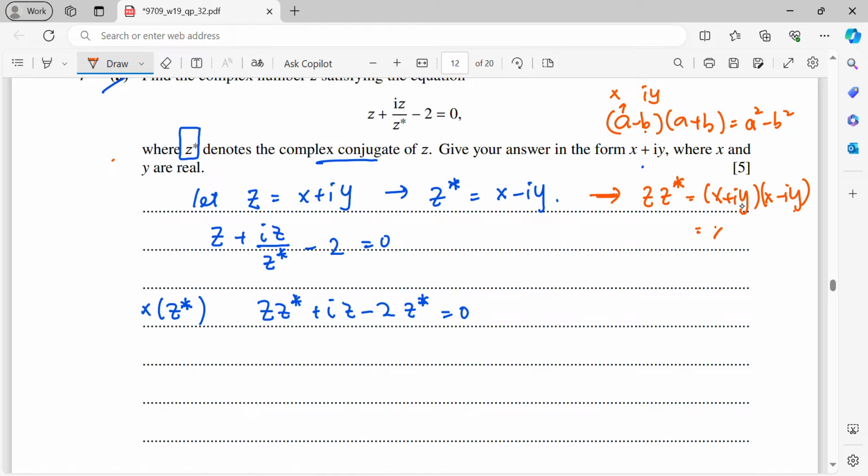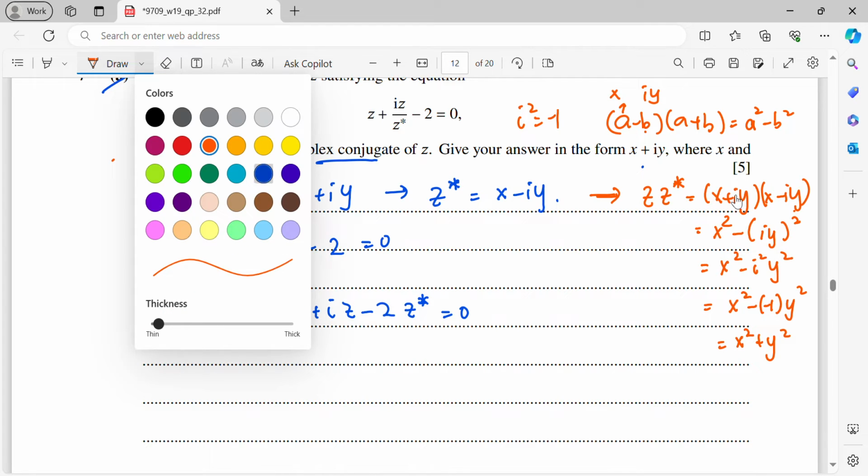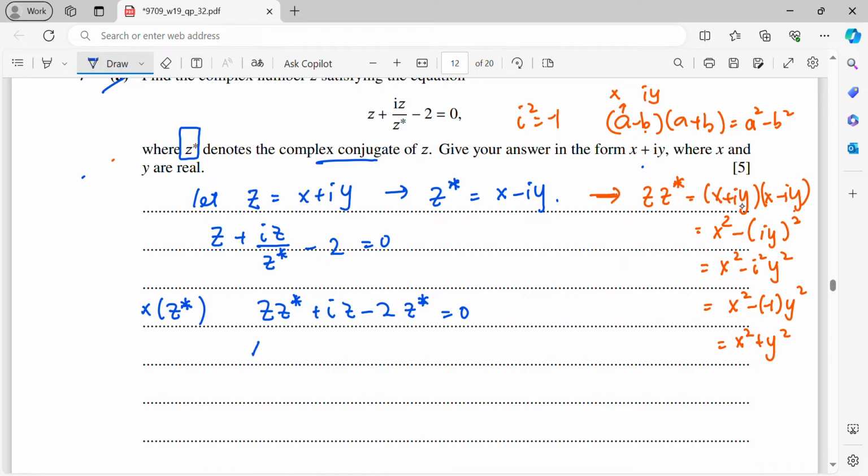So this is a squared minus b squared, that is x squared minus i squared y squared. Remember, i squared is minus 1. Therefore, it becomes x squared minus 1 y squared. And I will write x squared plus y squared. So I will directly change the first term to be x squared plus y squared.